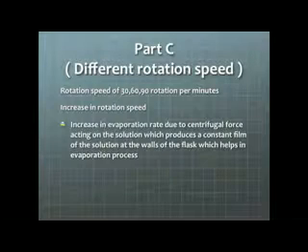When the centrifugal force is stronger, it pushes the solution inside the flask towards the wall of the flask. This creates a constant film of the solution at the walls, which helps in the evaporation process. As the solution is pushed to the walls of the flask, it comes into more direct contact with the heat, thus increasing the evaporation rate of the solution.